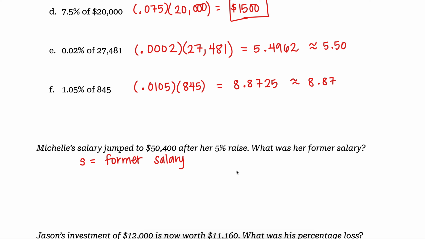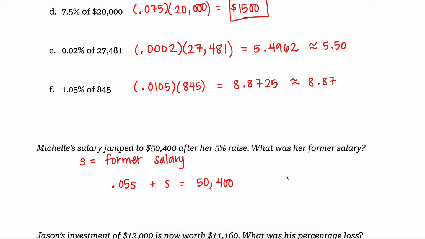So that would be 5% in its decimal form, 0.05 times S. That represents her raise. Her new salary is going to be her raise plus her old salary. So again, that new salary, $50,400, is her old salary plus the raise.